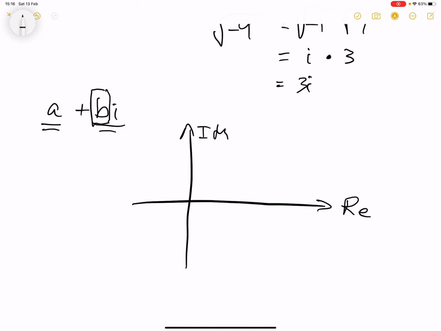If we had a plus bi on this, we would be a squares to the right, or if a was negative, we would be on the left side. And we'd be b squares up, which is here. Or we would be b squares down, if b was negative. And we would be here, like I've just said. And they are denoted by a radius and an angle theta. Theta is a Greek letter, and we use it for denoting angles.